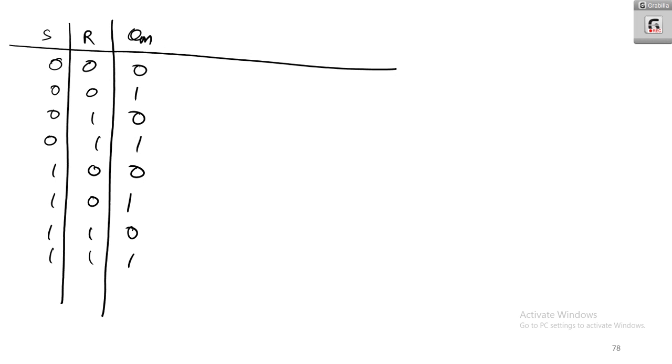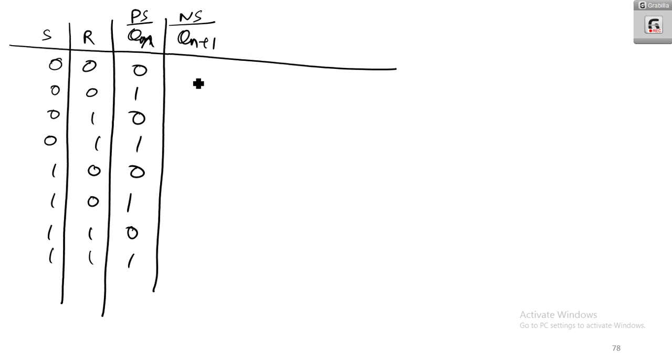Okay. So only this much is what we are having. Here we have Qn plus 1, that is the next state. Okay. So this is the present state and this is the next state.